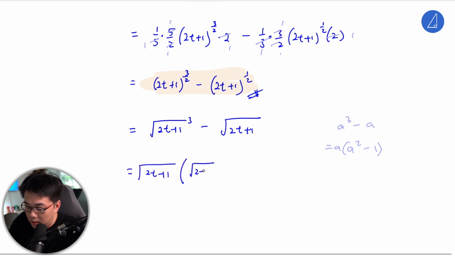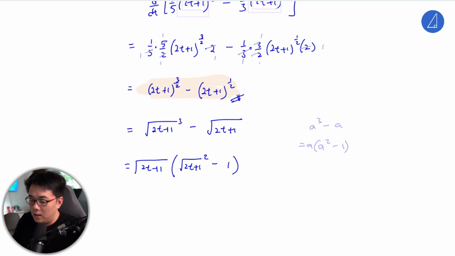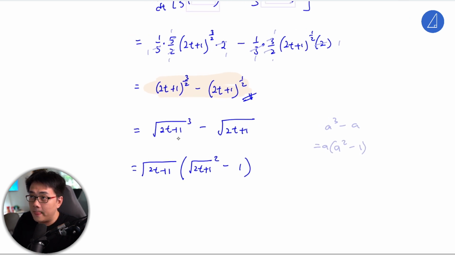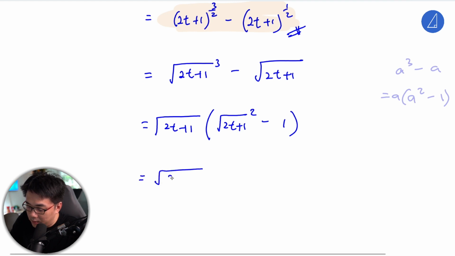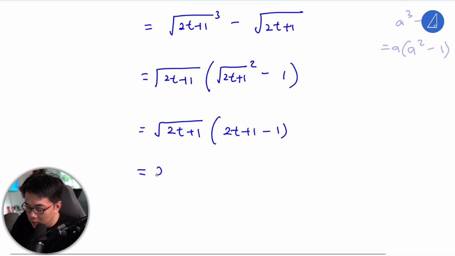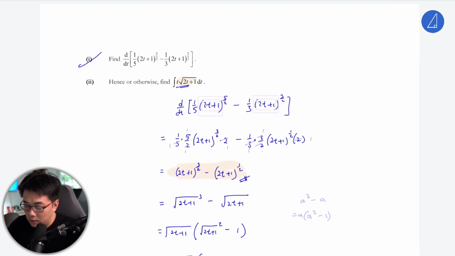This is 2t + 1, cubed, so it's 2 minus 1. Bring it out, this is 1, then this will be 2 squared. Once done, this will be 2t + 1 minus 1. What we get is 2t. Simplified. Okay, so there's 1.